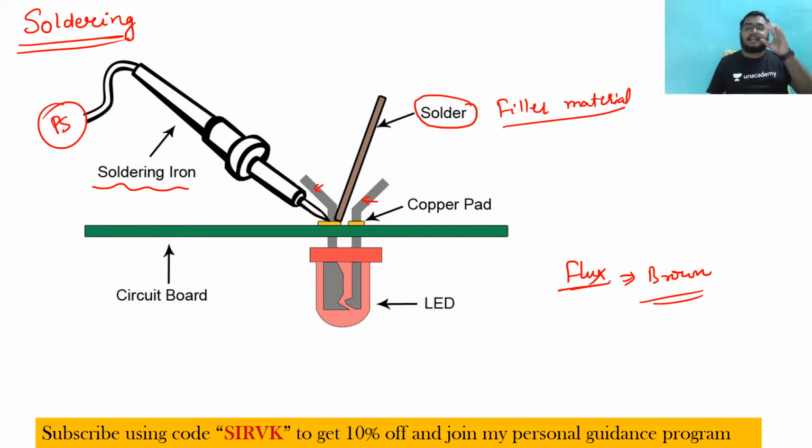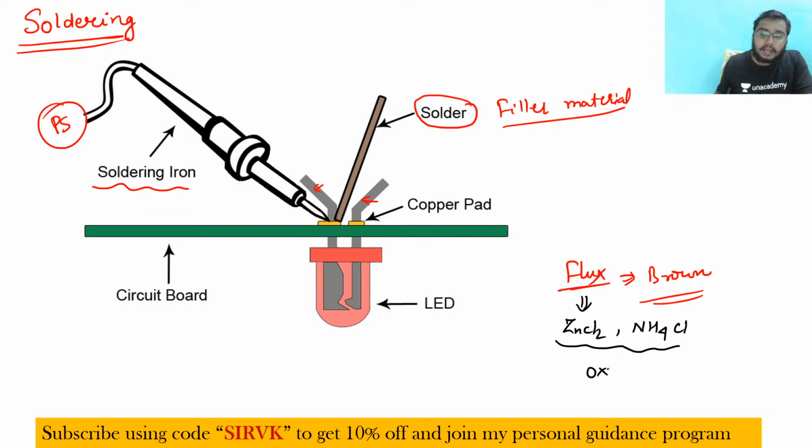Brown color wax-like, sticky thing, kept in a small box, that thing is known as flux, my dear friend. And the flux that we are using here is of ZnCl2, zinc chloride, or ammonium chloride. Okay, so we are using these kinds of flux here. Why? So that an oxide layer cannot be formed.